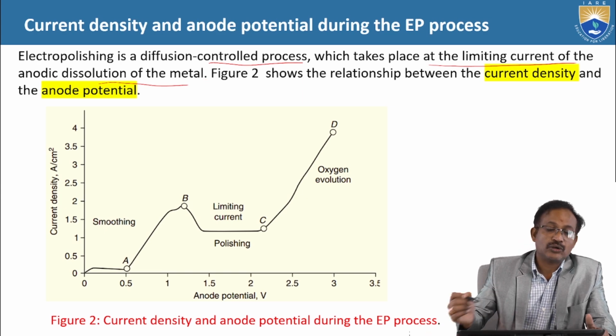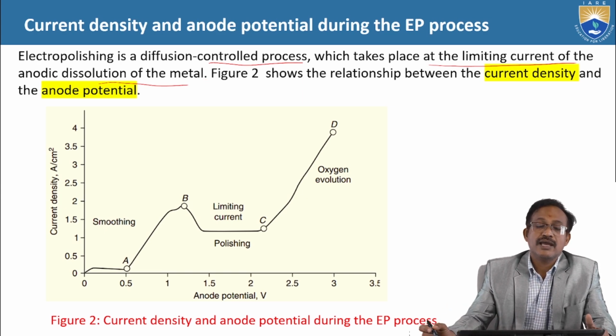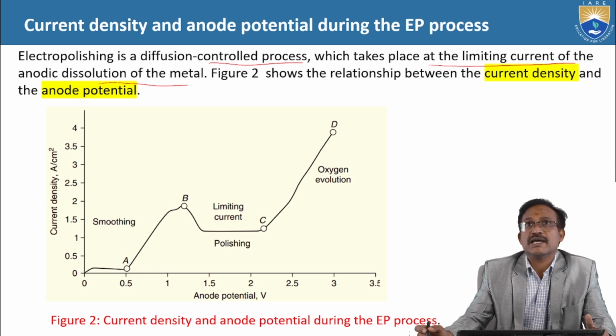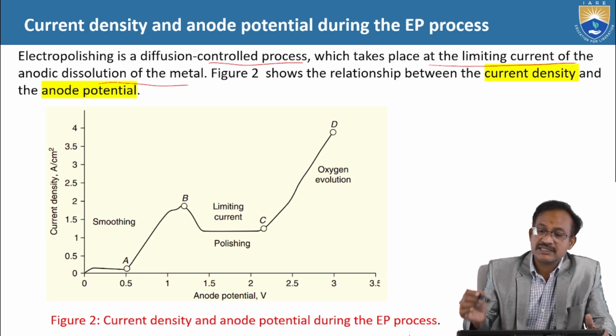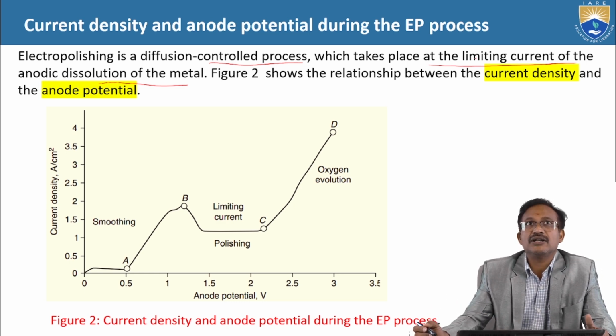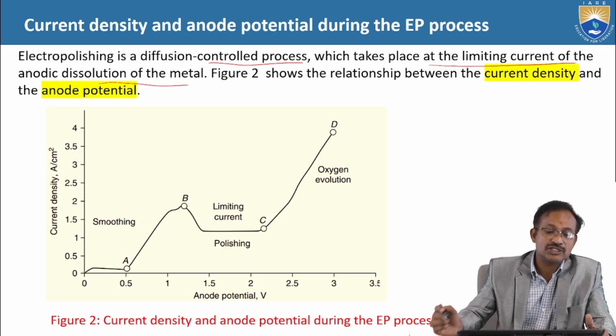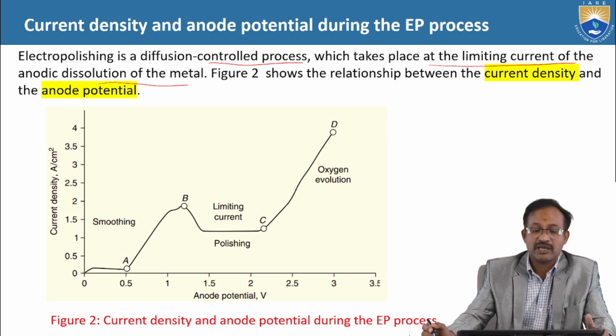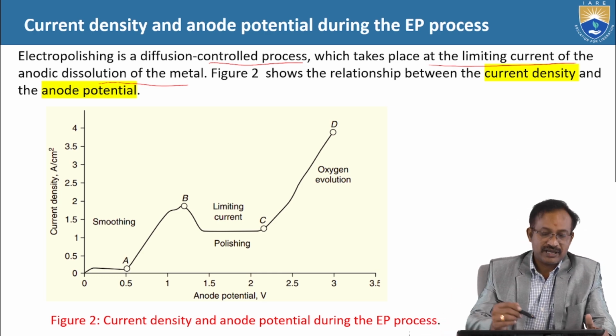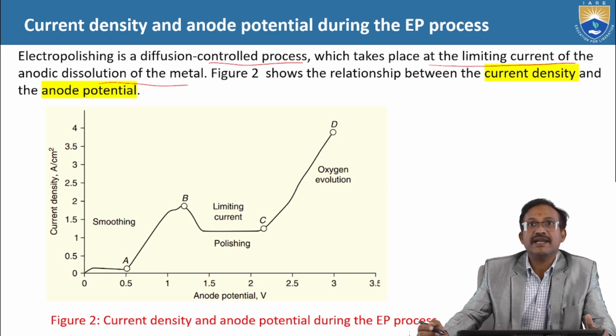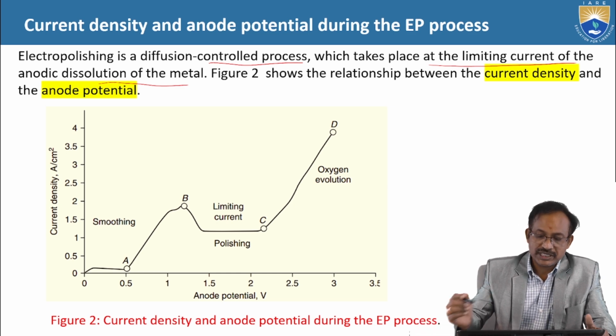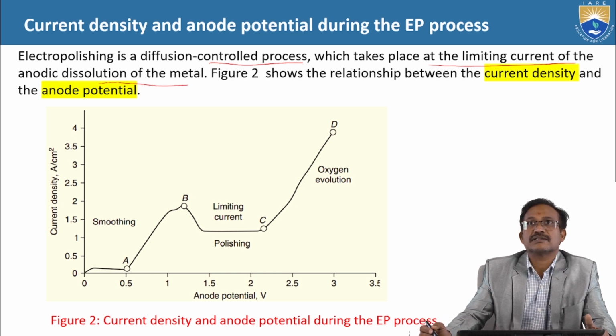Here the figure shows current density and anode potential during the EP process.